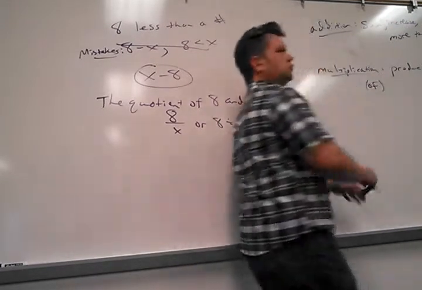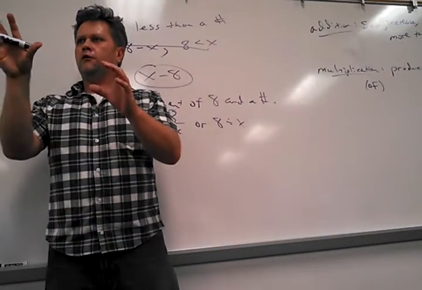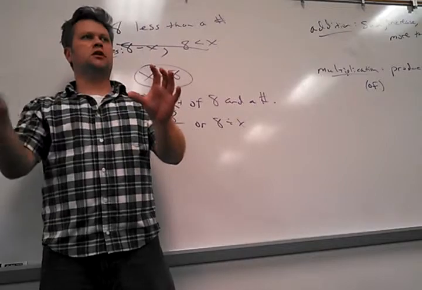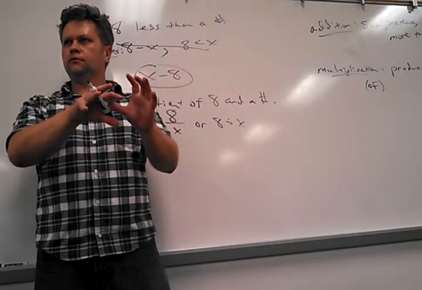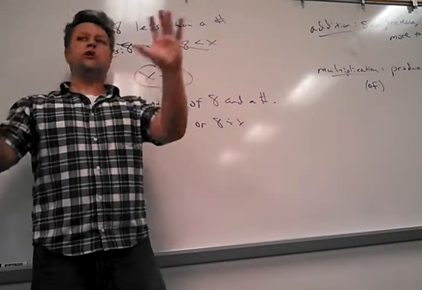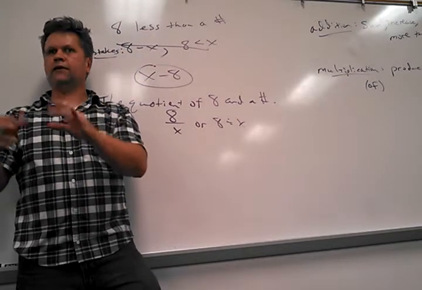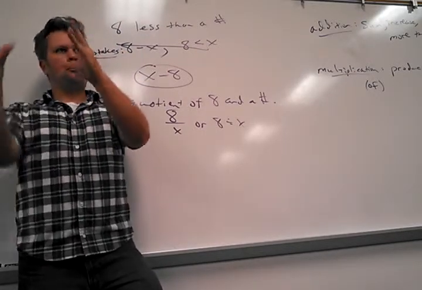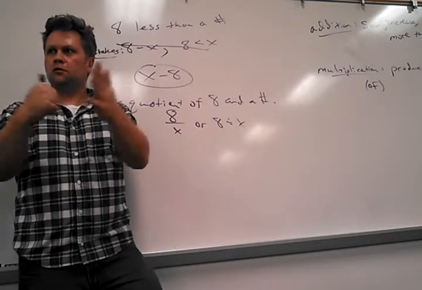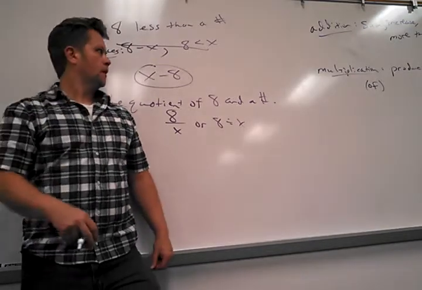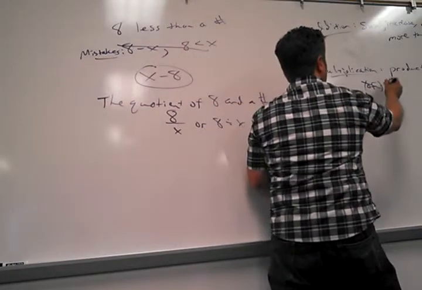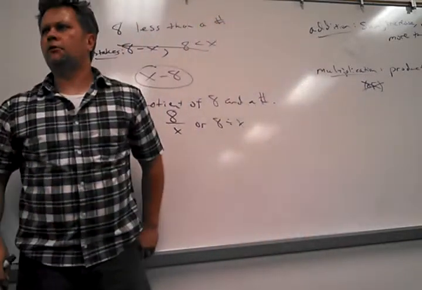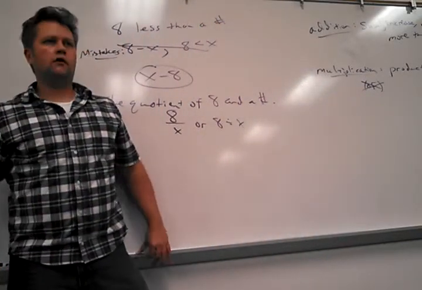Of means multiply when you're dealing with fractions of something or percentages of something. So the word of doesn't always mean multiply, but it does in those situations. If I say 20% of 300 people, I would multiply 0.2 times 300. That of means multiply. But you won't see that in translation problems too often.